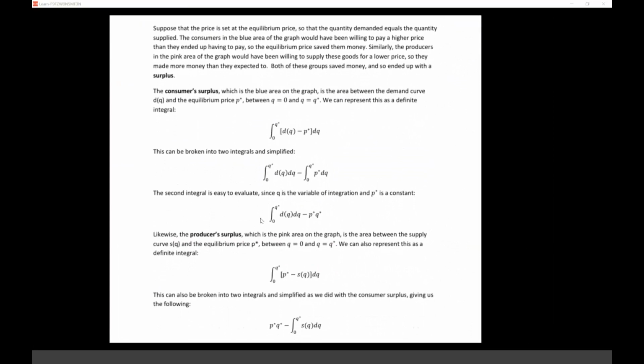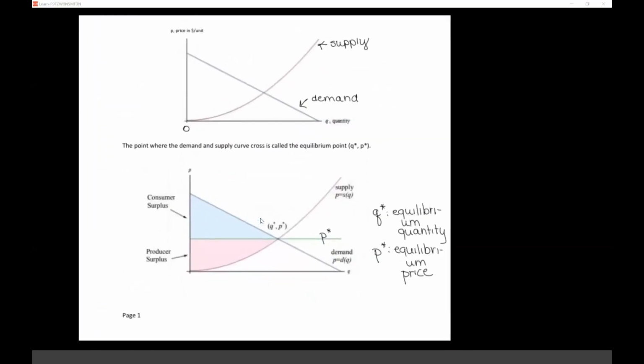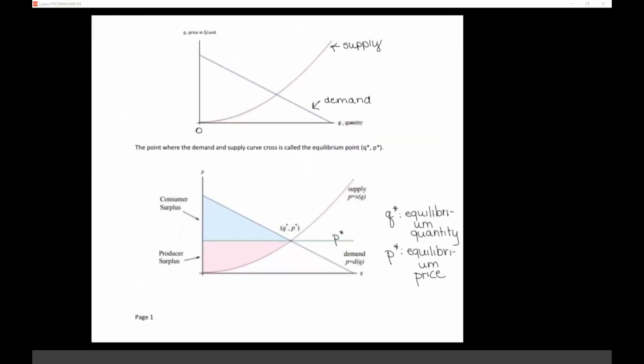And again, that's the blue shaded area on the graph between my demand curve and P star. So all I'm doing here is using a definite integral to find the difference between my demand function and P star. This one's going to be the one on top, and this is going to be the one on the bottom.